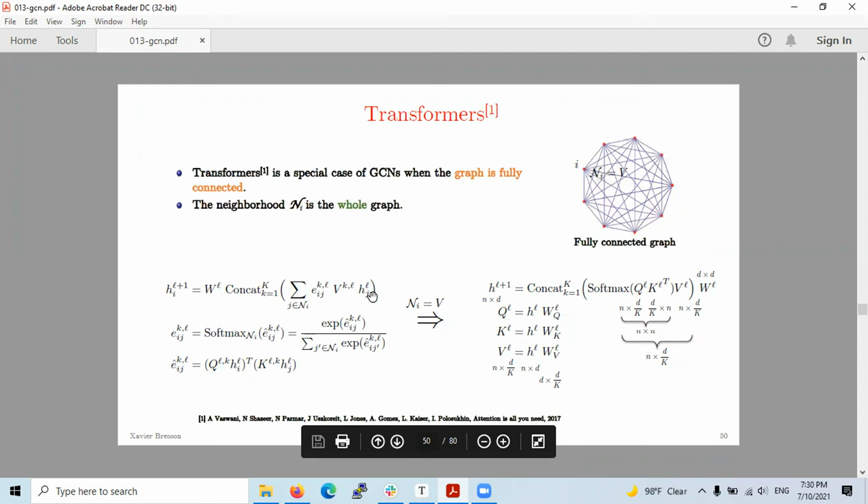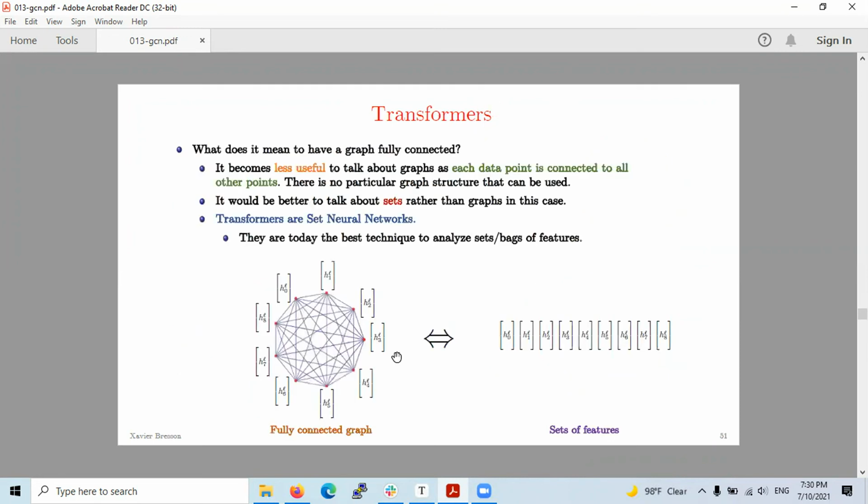Yeah. So this is about transformers being a special case of GCN. Again, it's the same thing because transformers are popular. The professor goes on to talk about it, and he says that transformers are a set of neural networks, and they are today the best technique to analyze sets of features, as for NLP that we have seen. Here he mentions, what does it mean to have a fully connected graph? It means it's less useful to talk about graphs at each point.